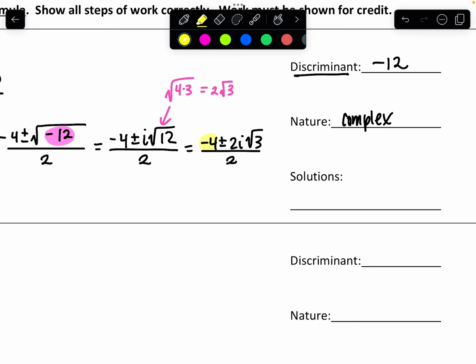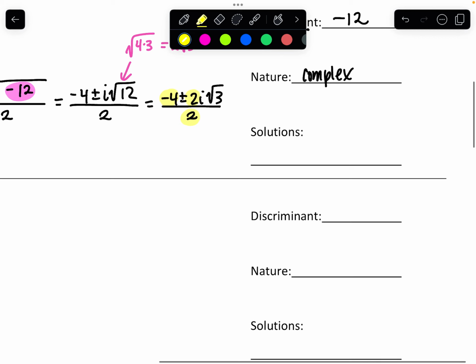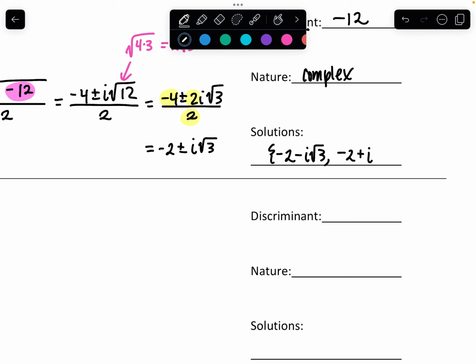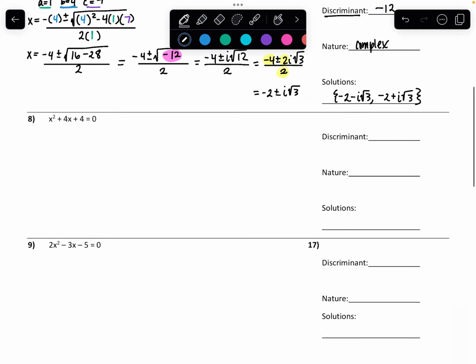And then we need to divide the numbers outside the radical by that 2. And so this simplifies all the way to -2 plus or minus 1i square root of 3. So we have -2 minus i root 3, and then -2 plus i root 3 as our two complex solutions.